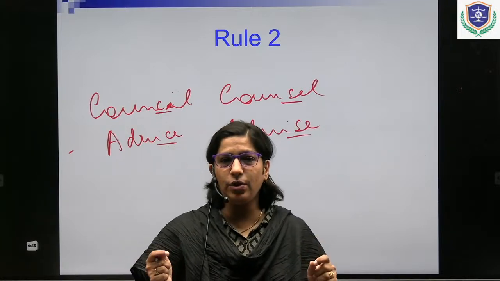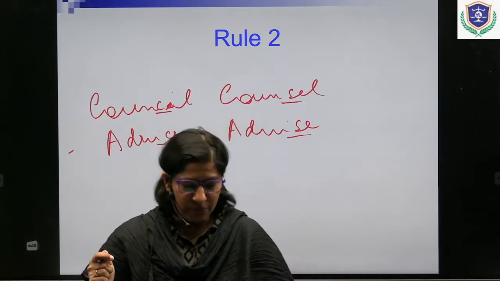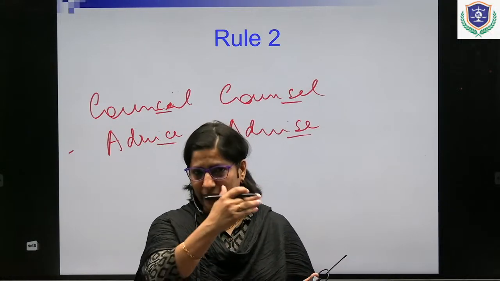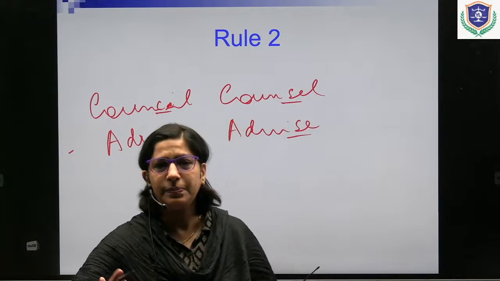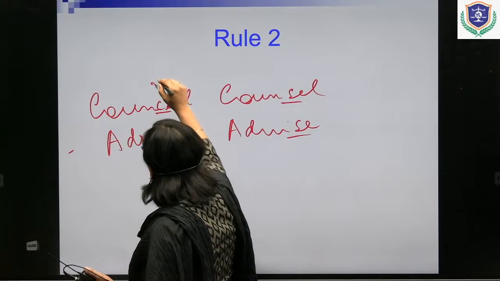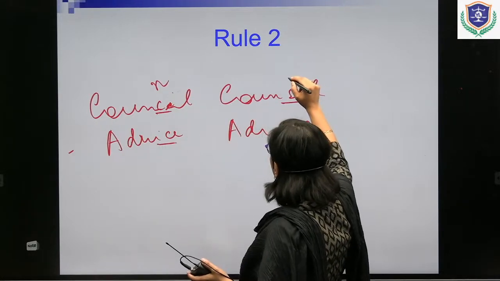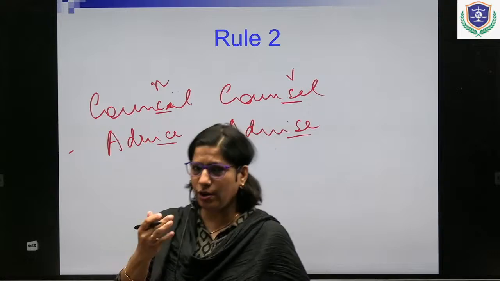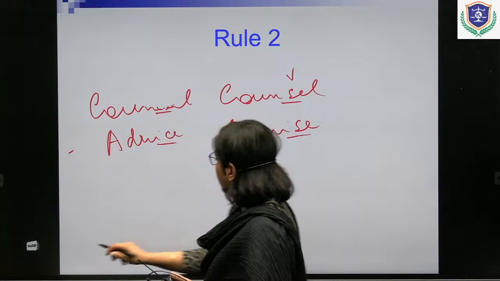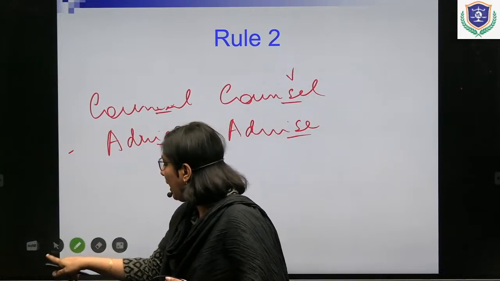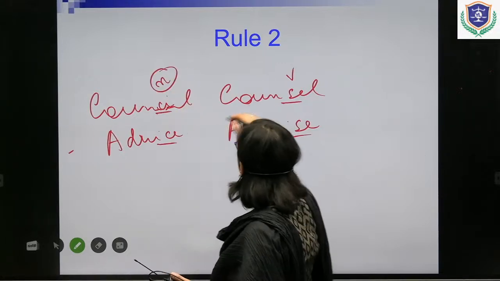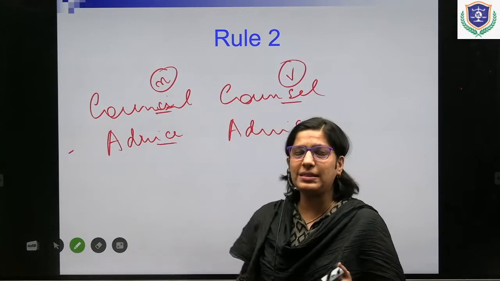What is the easier way of remembering it? In the English alphabet, when we read from A to Z, C comes first and S comes later. Also, N for noun comes first, and V for verb comes later.